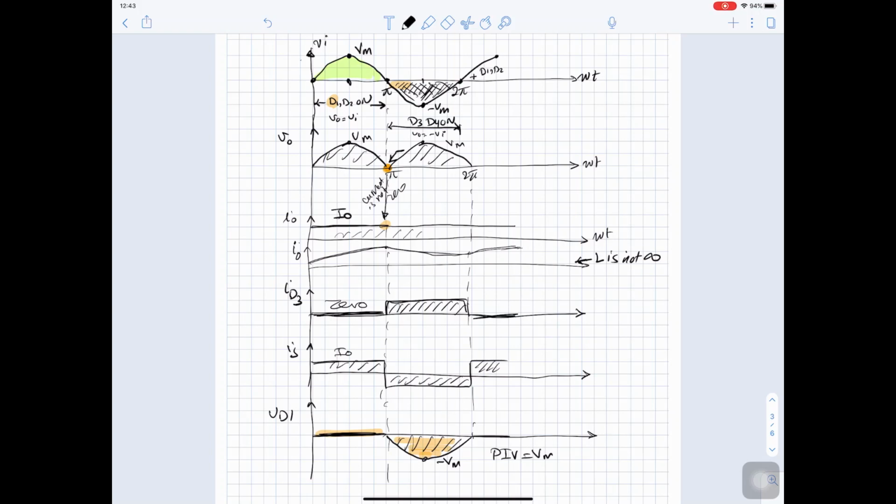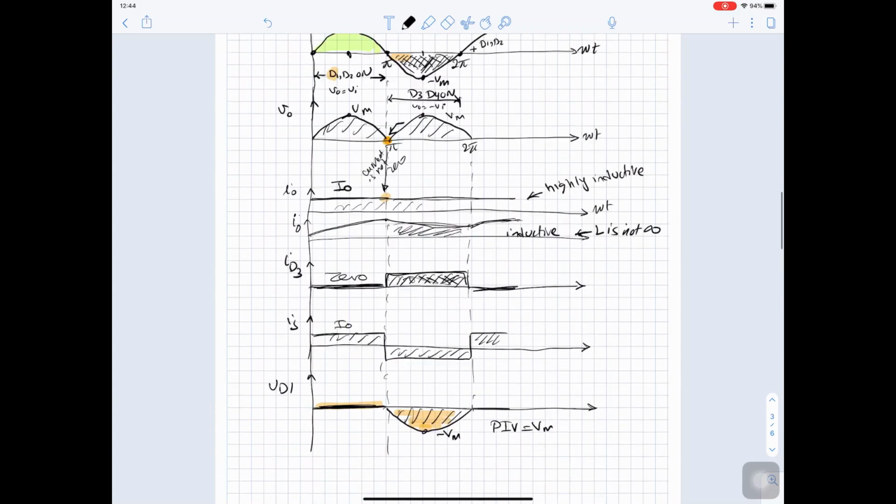So when you sketch I diode here, you should sketch this part of the wave, and so on. So this is the only difference between highly inductive and inductive: the shape has some oscillation or it is a straight constant.